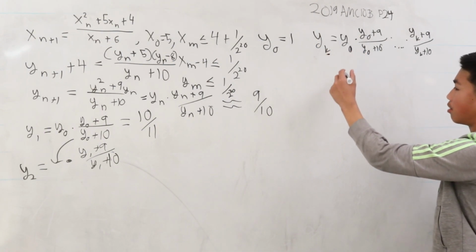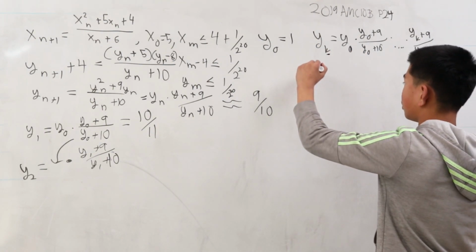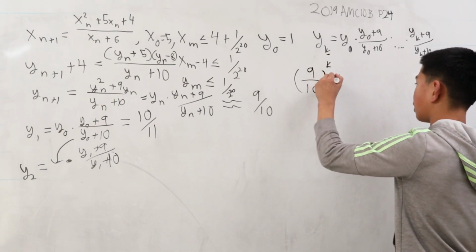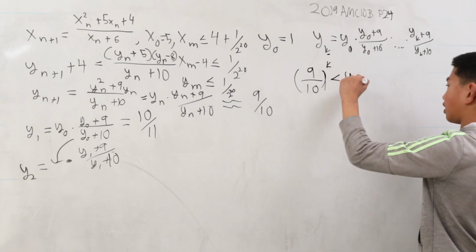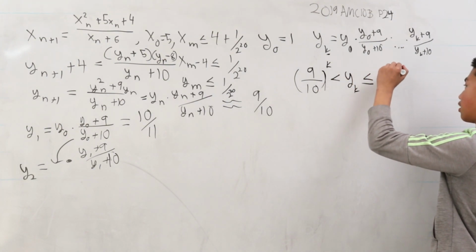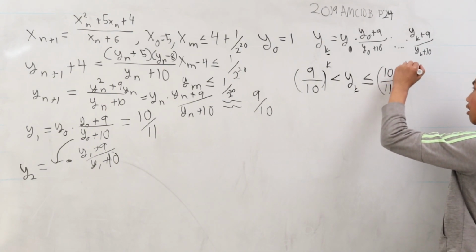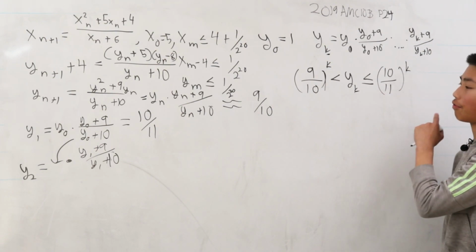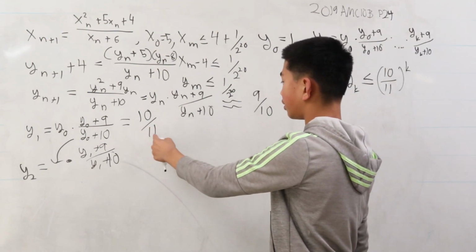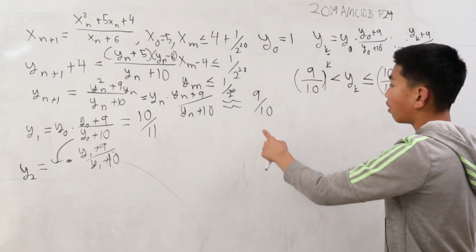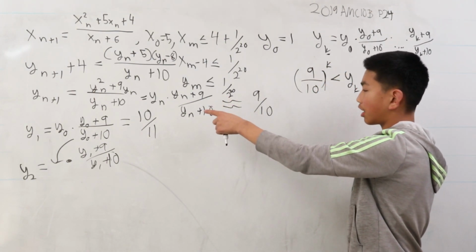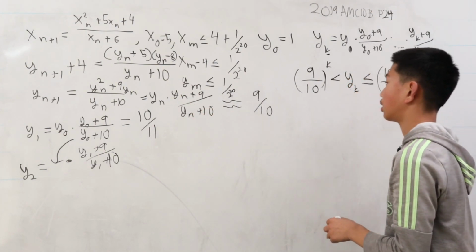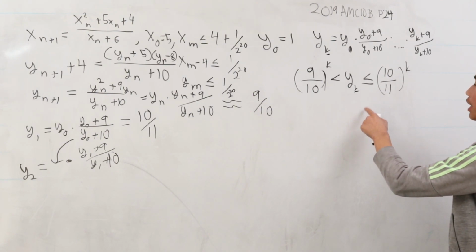We have k as the number of terms, so y of k is going to be between 9/10 to the power of k and 10 over 11 to the power of k, because we solved this to be 10 over 11, whereas over here we estimated the fraction. Since y of n gets infinitesimally close to 0, it has to be a bit greater.